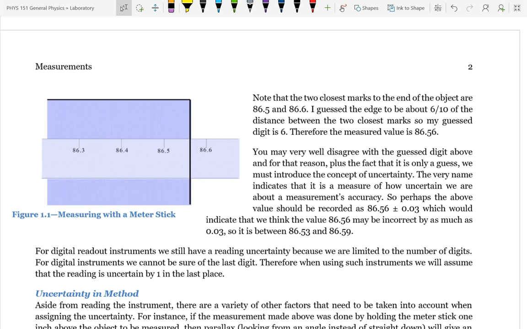We know it's between 86.5 and 86.6. I estimated that it's 6/10 of the way between the two, but I know it could be easily 8/10 or 5. Well, it's probably not 5/10, right? Because I err on the side of giving myself a bigger uncertainty. So with this, traditionally I use 0.03 centimeters unless there's a difficulty with the item we're measuring.